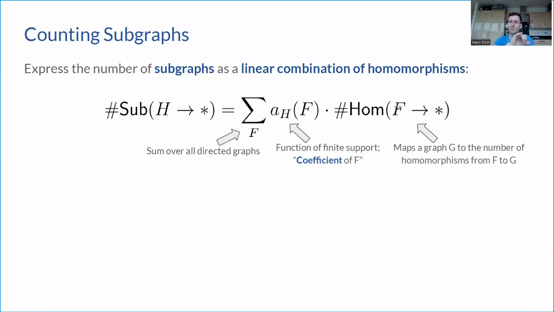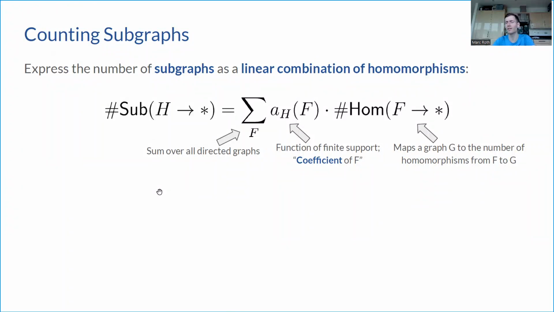Here, homomorphisms between directed graphs are just mappings from vertices to vertices that are arc preserving. So whenever I have an arc AB, the image of this arc must be an arc in the host. And we know that this expression, this linear combination, is unique.